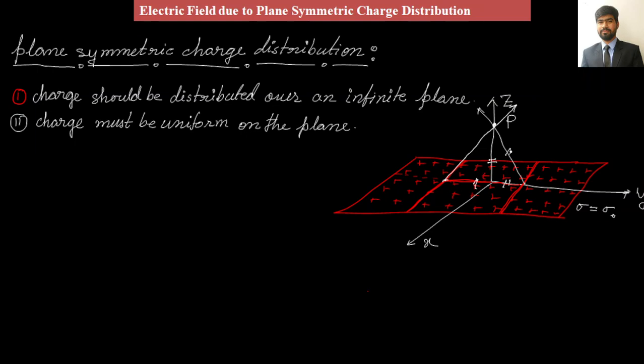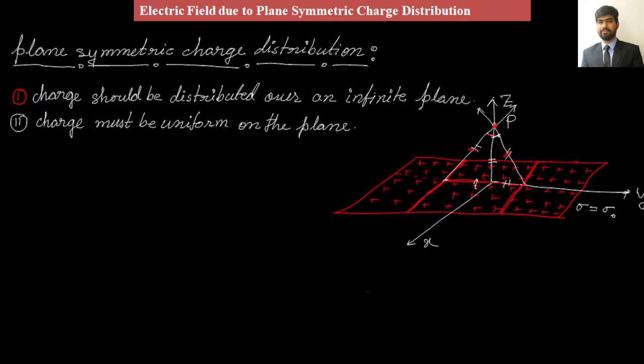So we can say these distances will also be the same, and these angles are also the same. Since both wires carry the same charge and are at the same distance, they will create an electric field at point P with equal magnitude.